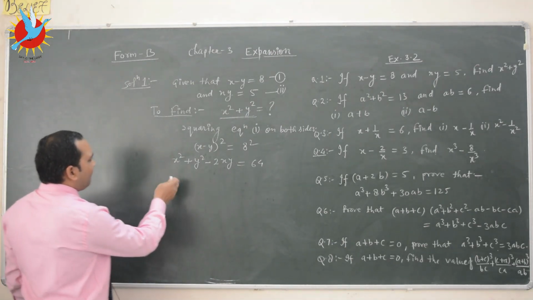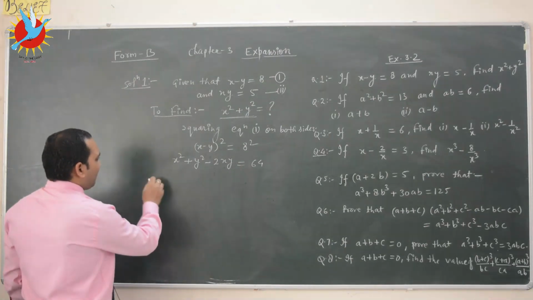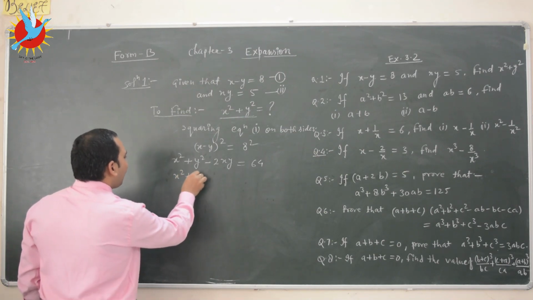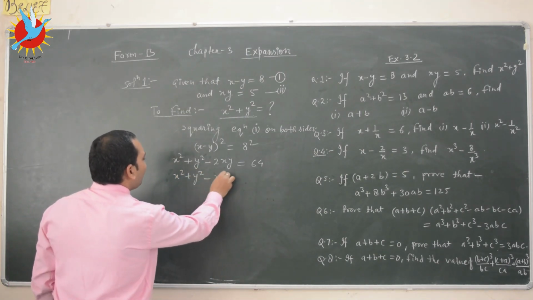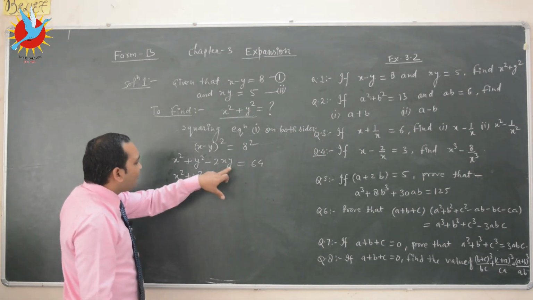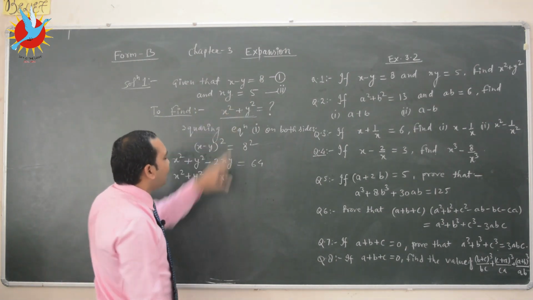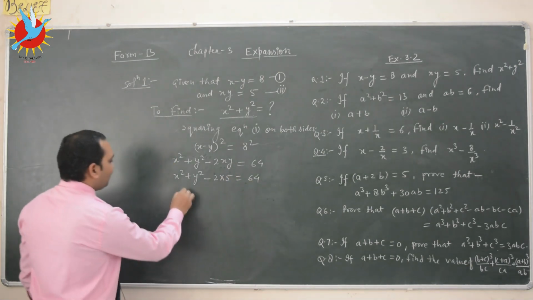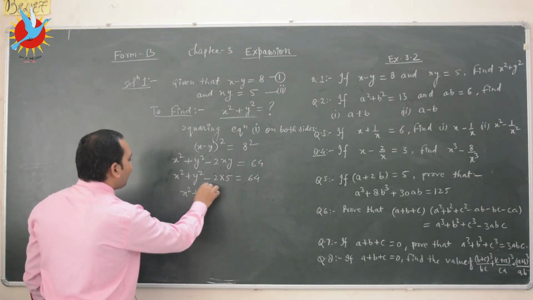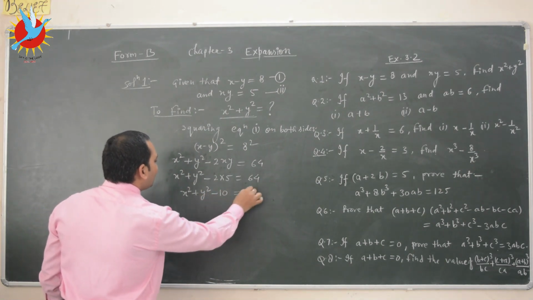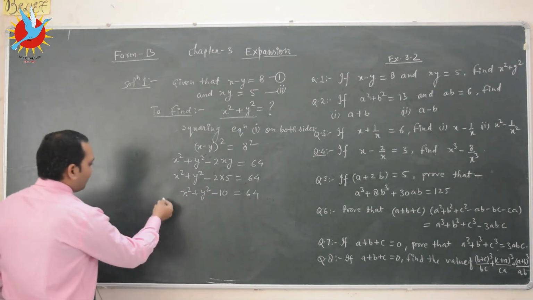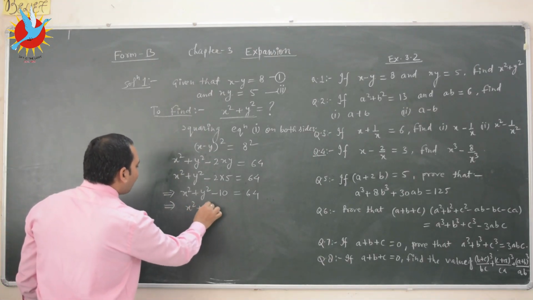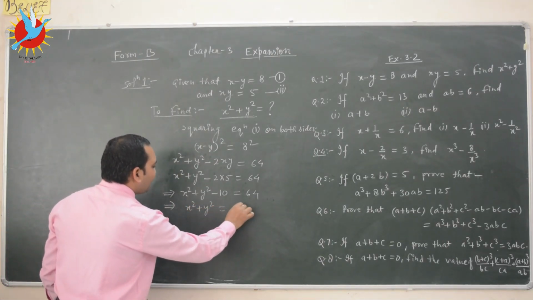Putting the value of xy, which is equal to 5: x square plus y square minus 2 into 5. So 2 fives are 10, which is equal to 64. So x square plus y square minus 10 is equal to 64, which implies that x square plus y square is equal to 64.